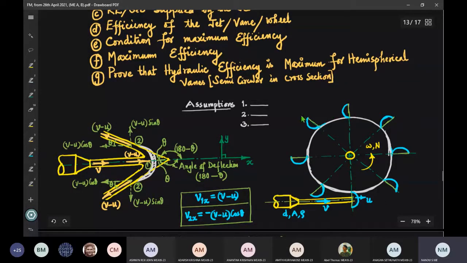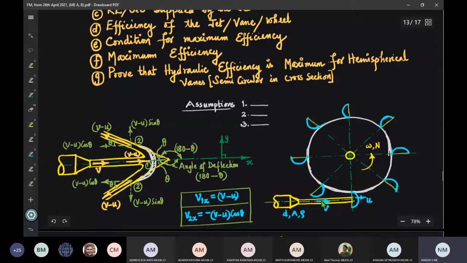Out of the curved vanes fitted on the periphery, this is one such case, and the jet is impinging tangentially, in the sense that when you consider the wheel, this is tangential.